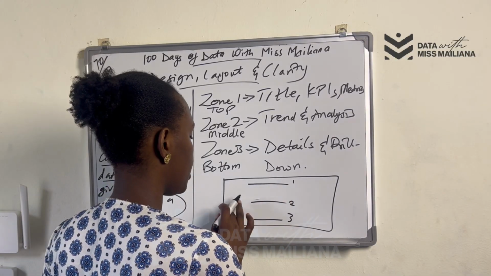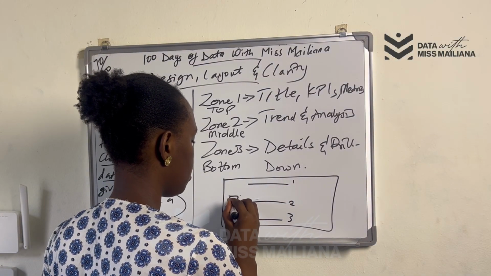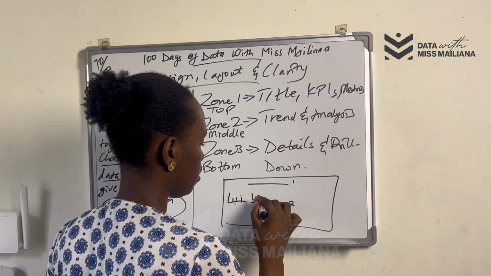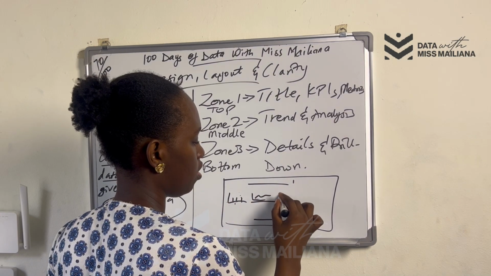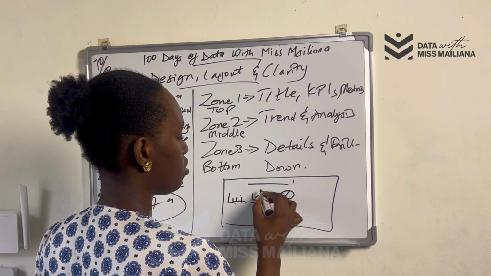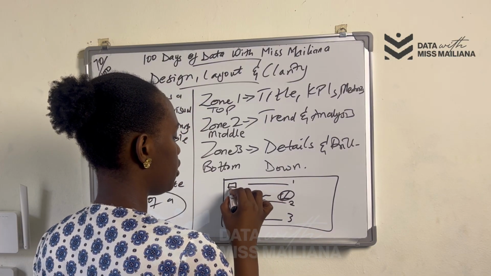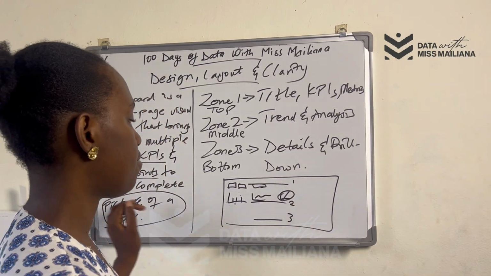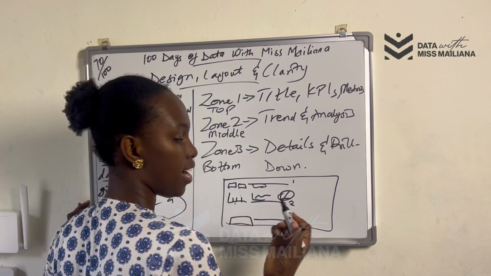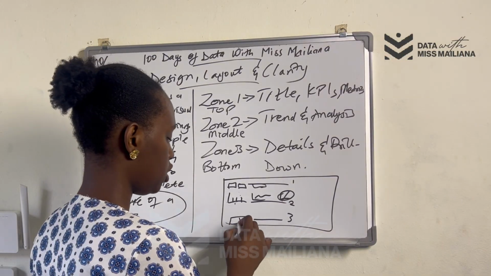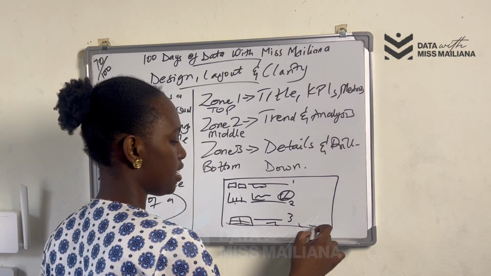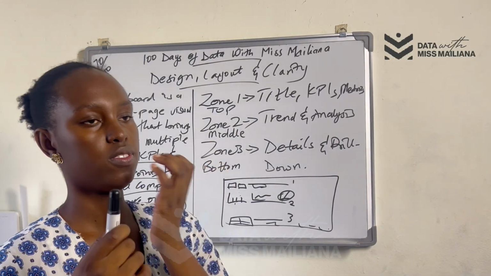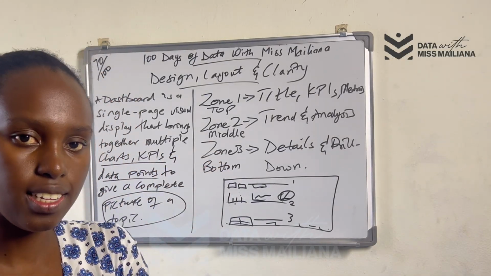Let me draw the charts. All right, so this is where the charts will be, this is where your titles and your KPIs will be. And the final part is where a data table would be, and if you need some slicers, they would be there as well. So always note this and it's going to help you start a nice dashboard.